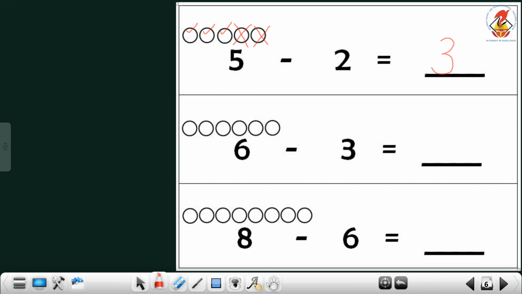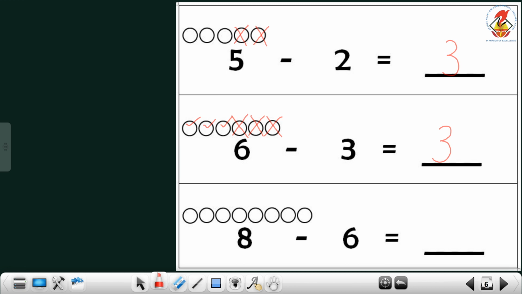So I will strike off 1, 2, 3 circles. Now we get 1, 2, 3 as the answer. So you have to write 3 over here.